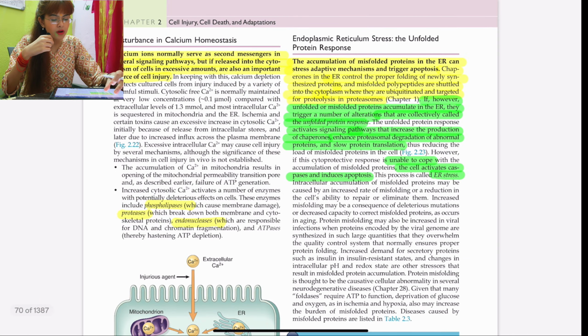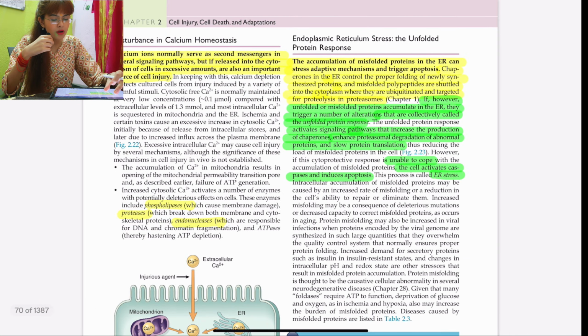Okay, so now this also I have explained to you in the previous chapter: what is the unfolded protein response. Basically, initially there's something called a chaperone, which helps in folding of the proteins or formation of mature proteins. But when there is an excessive amount of misfolded or unfolded proteins, then the body will try to destroy those proteins by the action of proteasomes.